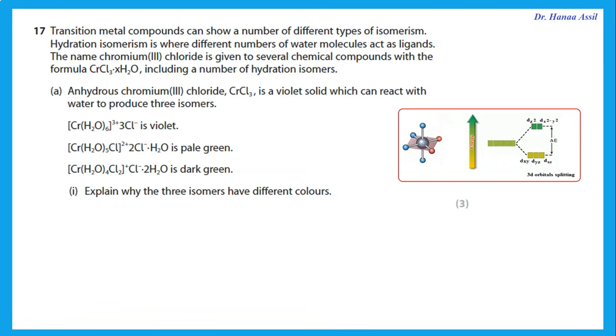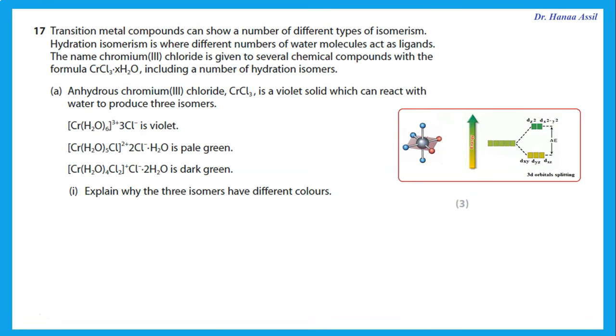Remember that the color of the transition metal complex is due to the fact that when we have ligands, the 5 d orbitals, which are supposed to have the same energy, split. When there are different ligands, the 5 orbitals split so that 2 of them have higher energy than the other 3.